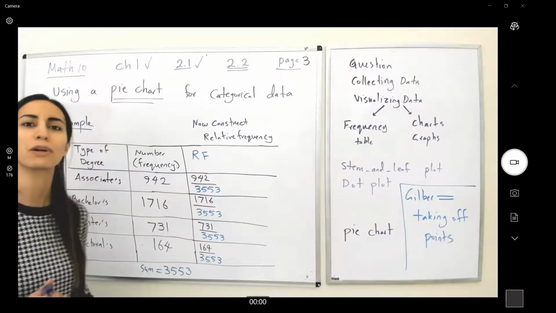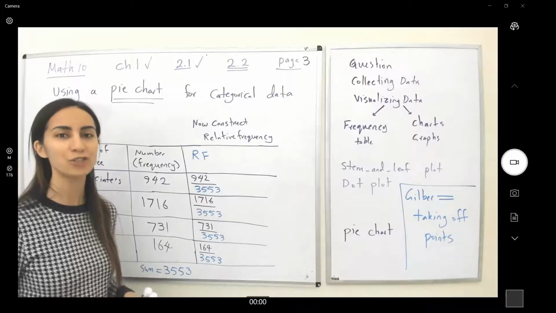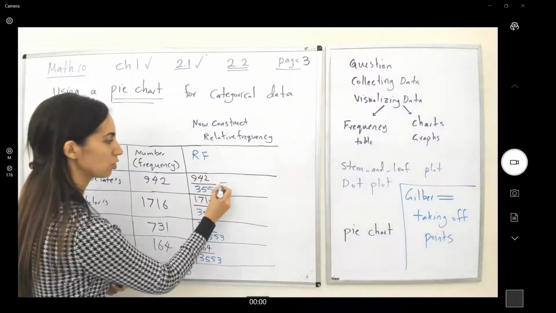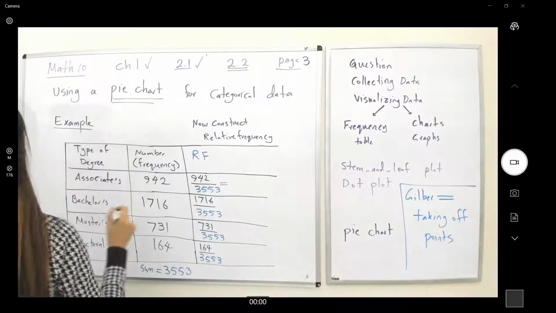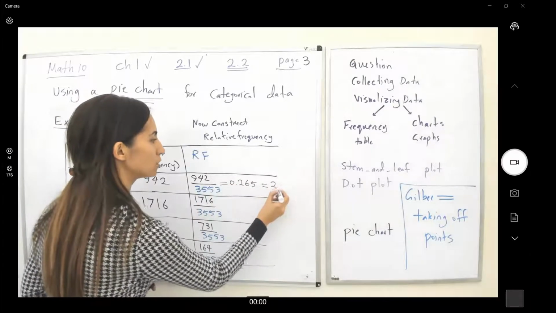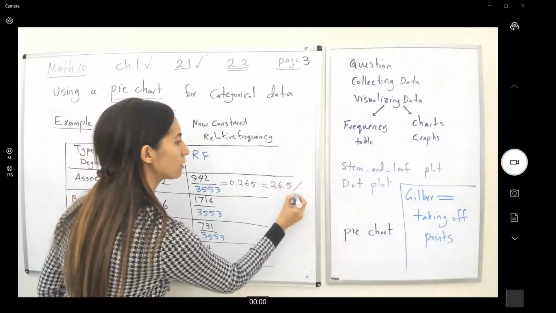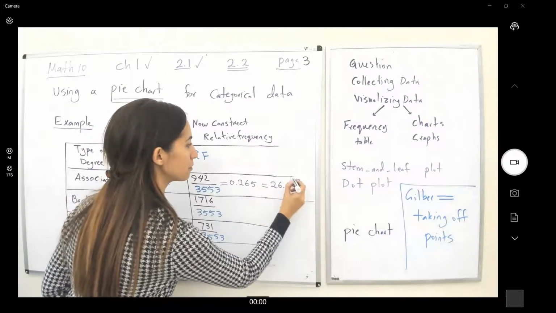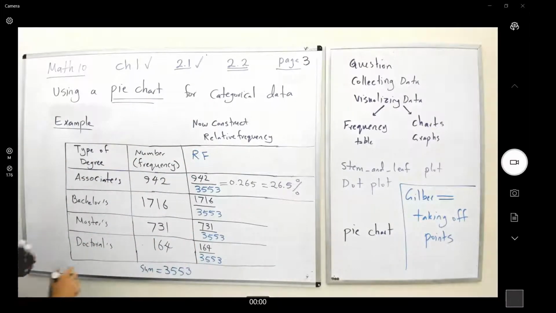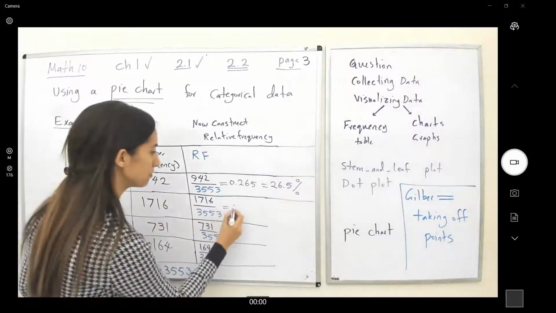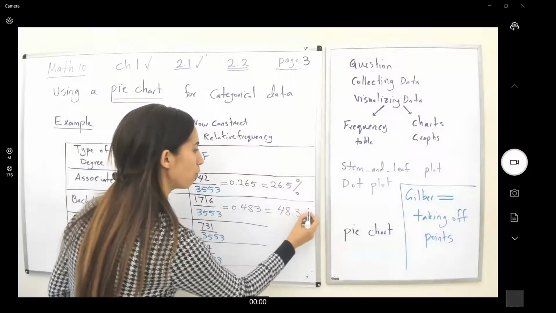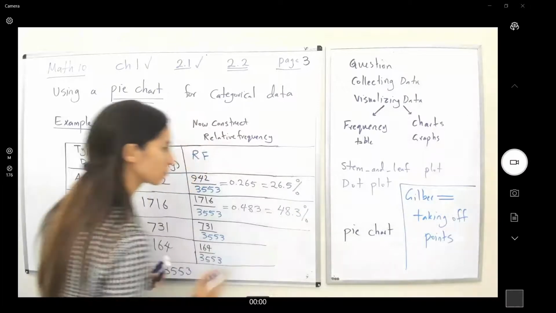We get our percentage. It helps us to actually construct our pie chart. So the first one is going to be 0.265 or 26.5%. The second one is actually 0.483, which is 48.3%.